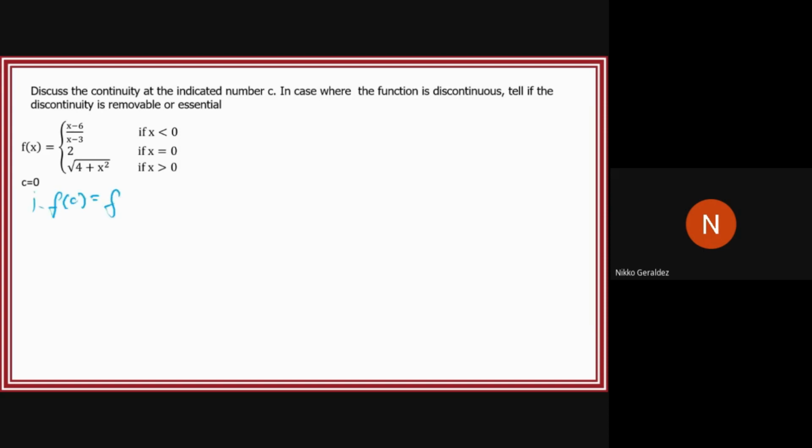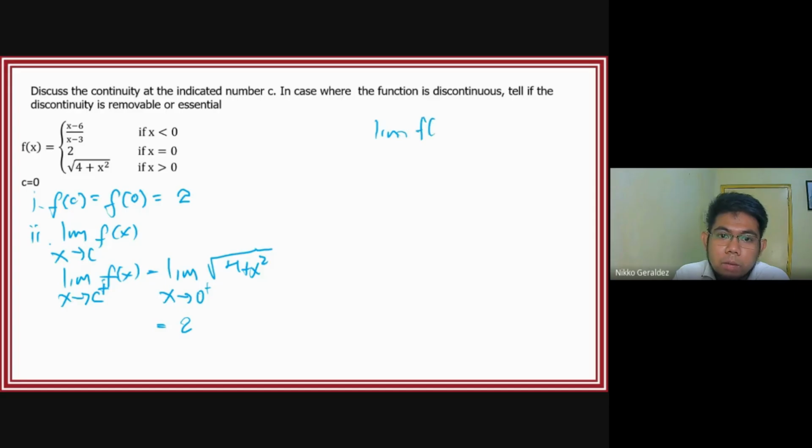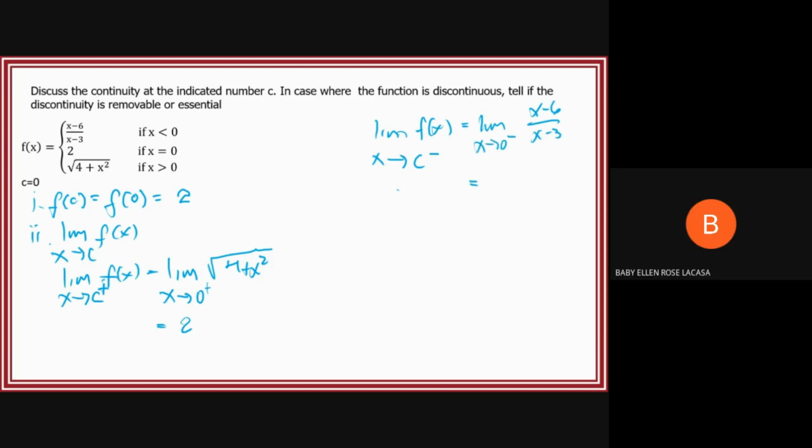What is f of c? f of 0 is equal to 2. Next, limits. The limit of f of x as x approaches c from the right is the limit of the square root of 4 plus x squared as x approaches 0. The limit of f of x as x approaches c from the left is the limit of x minus 6 over x minus 3 as x approaches 0 from the negative side.